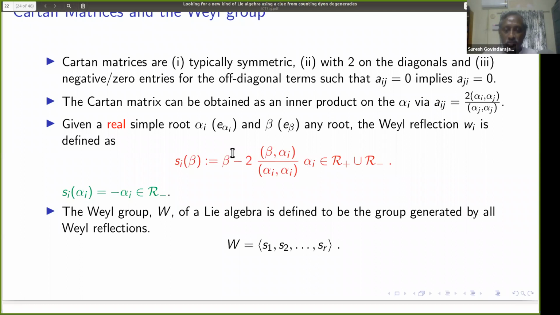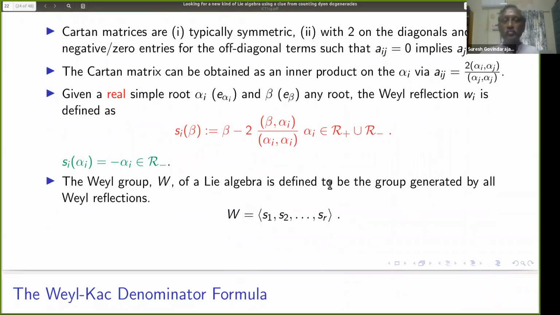So beta alpha is just picking out the component of beta along alpha and switching the sign. So Si of alpha i takes the root to minus itself. The Weyl group of a Lie algebra is just defined to be the group generated by all Weyl reflections.